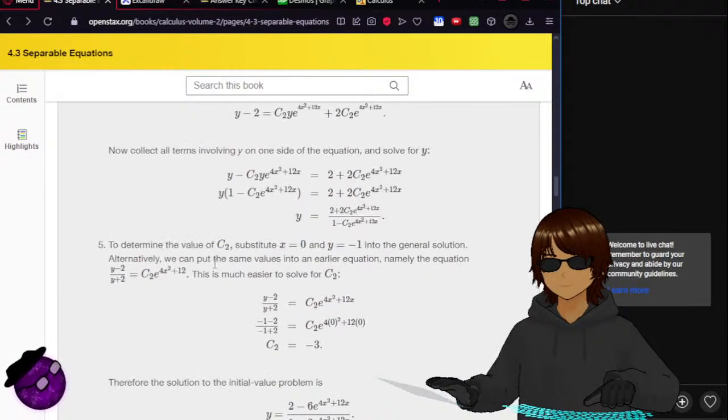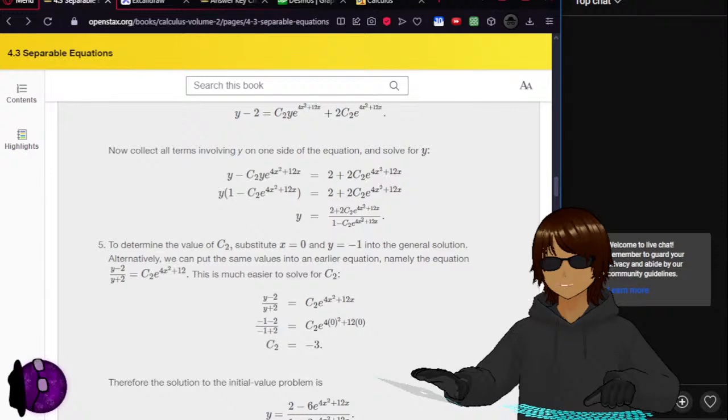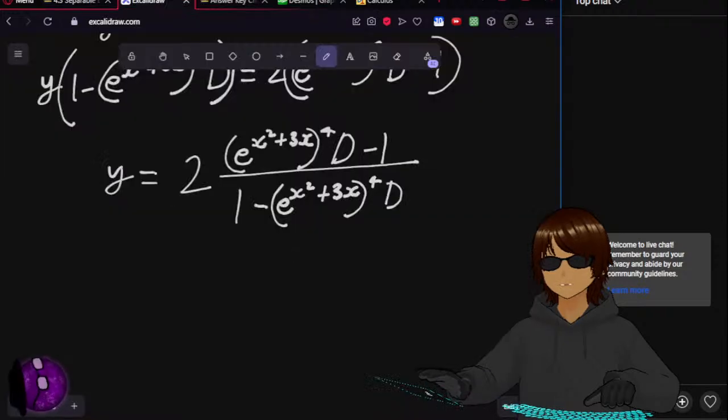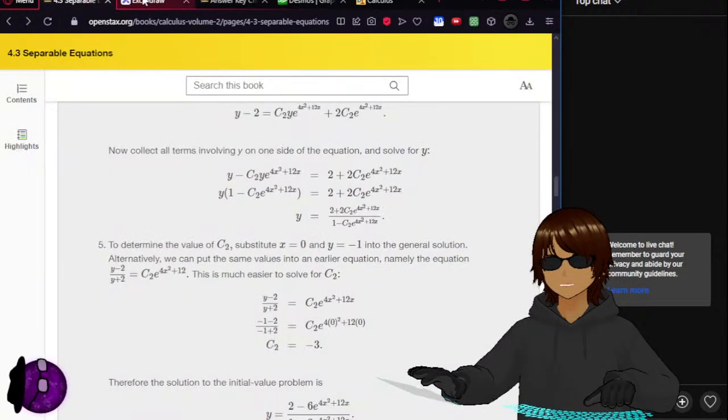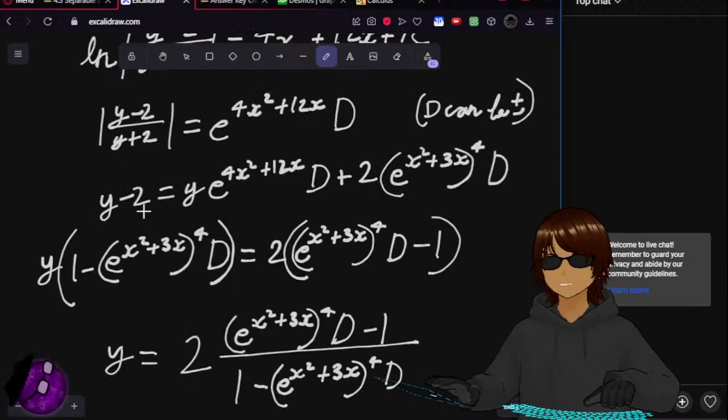Is that correct? Extract 2 out. Hold on, why is that plus? Yeah, this is plus.